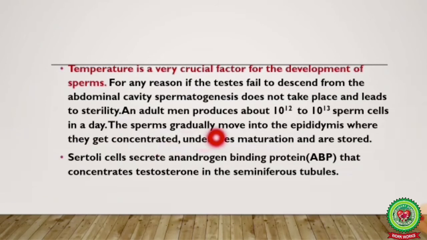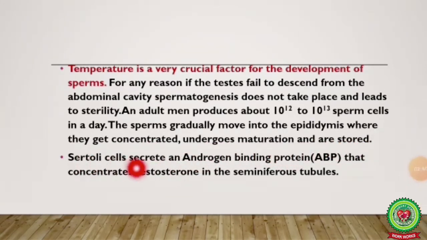The sperms gradually move into the epididymis, where they get concentrated, undergo maturation and are stored. Sertoli cells secrete an androgen binding protein, ABP, that concentrates testosterone in the seminiferous tubules.